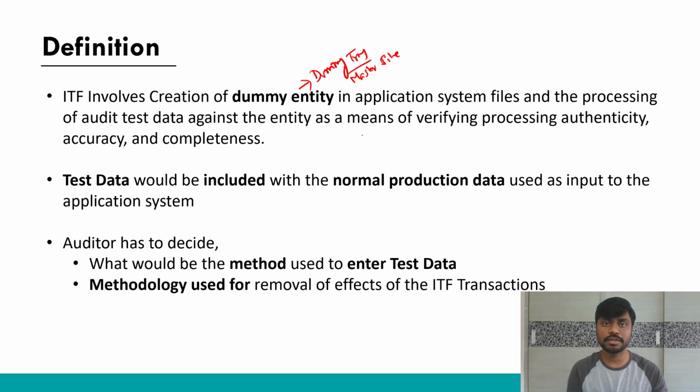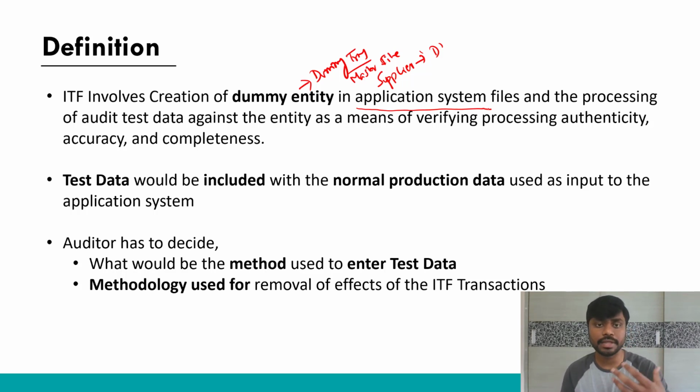Regarding master files, you would have already read master versus non-master data, right? As an example of master data, let's take supplier master. They have created a dummy supplier called D. They are creating it in the application system of the client where the actual transaction processing happens.